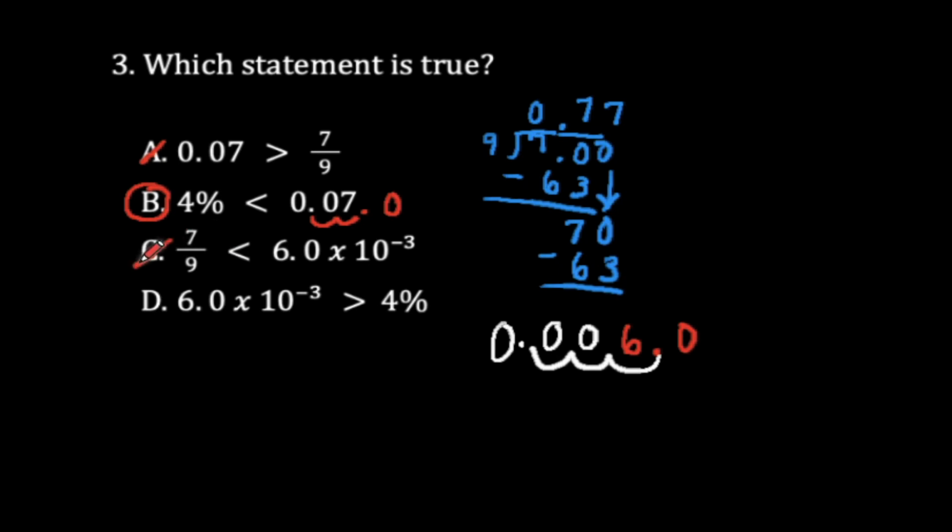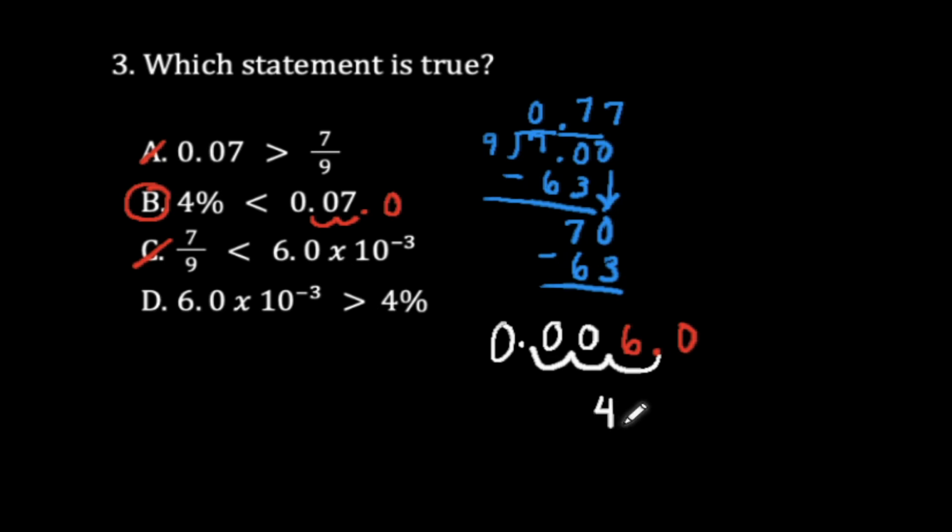And last but not least, what about D? We have 6.0 times 10 raised to the negative third power, which we already said is equal to 0.006. And then we have 4%. When you change this into a decimal, you're just moving the decimal point over 2 places to the left.